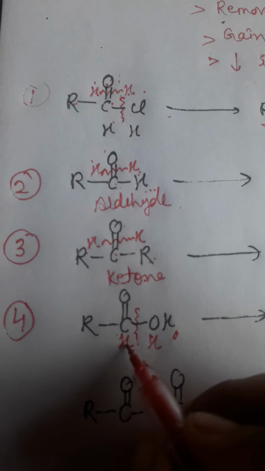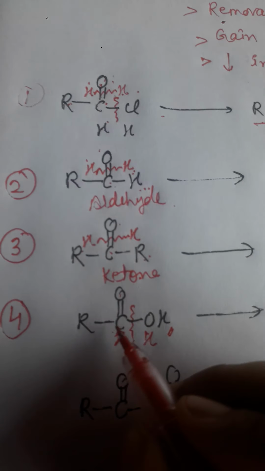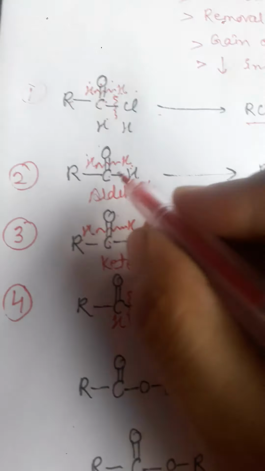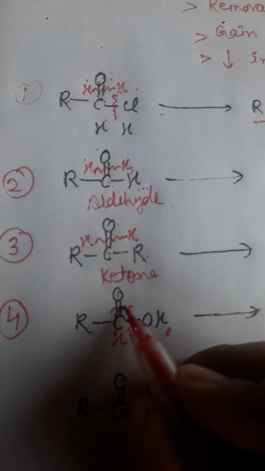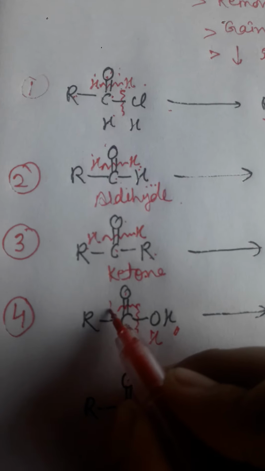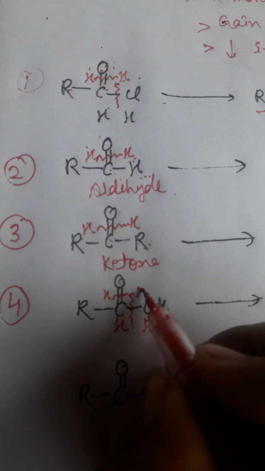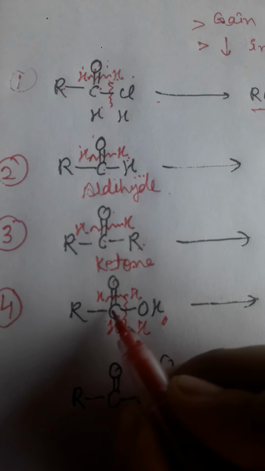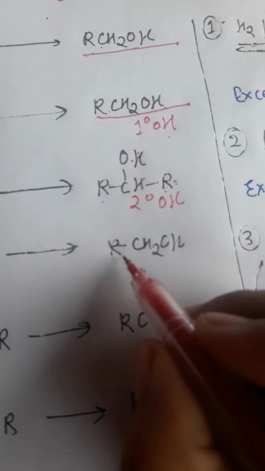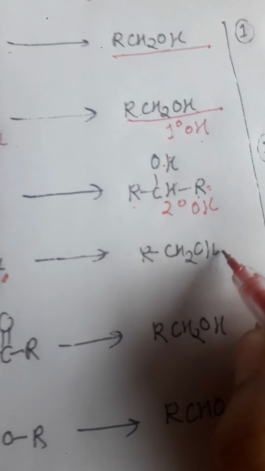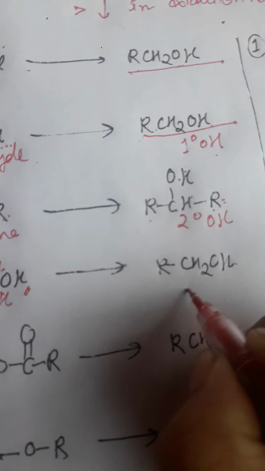We will get RCHO, which is our aldehyde. Again when we break down this pi bond, we get one hydrogen on each side. So we get RCH2OH, right? Again this one is our primary alcohol.